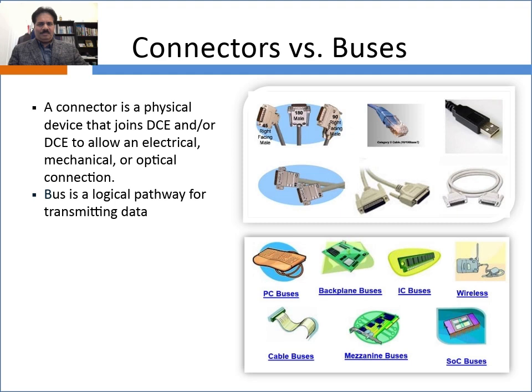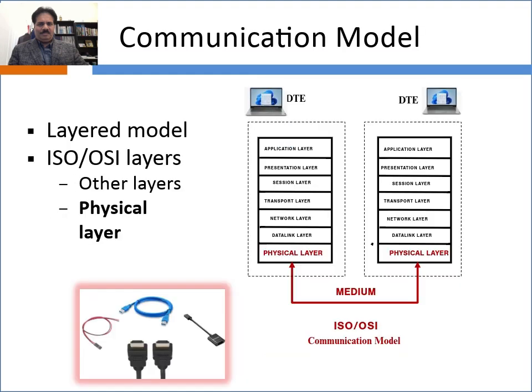and that is achieved by buses. When we think about communication between the DTE and DCE, we are thinking about a communication model. What does it mean? The data actually passes through several layers, seven layers, and eventually it reaches the physical layer.